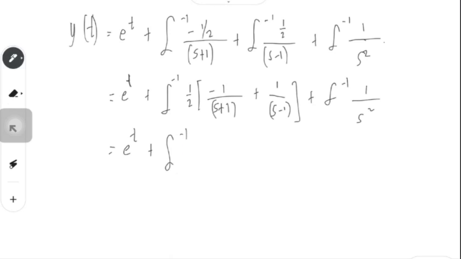Pagka kinuha natin yung common denominator, magiging S squared minus 1. Negative what? S minus 1. Meron ba magko-combine? Negative S, positive S cancel. Meron pa tayong 1/2 dito. Negative 1, negative 1.